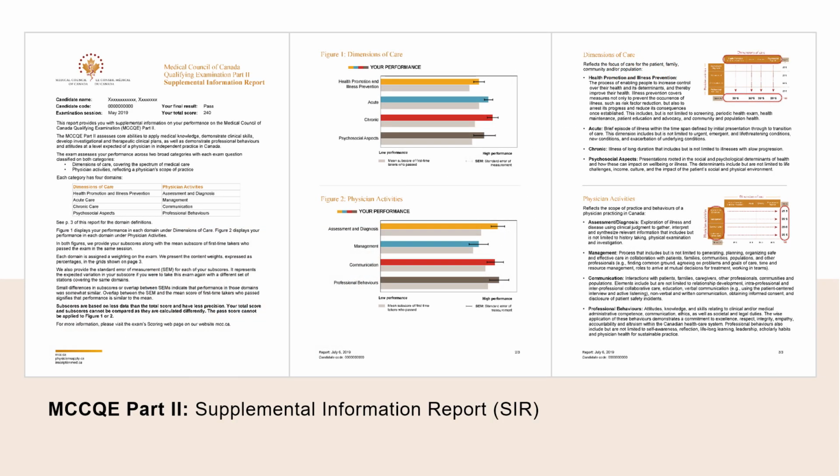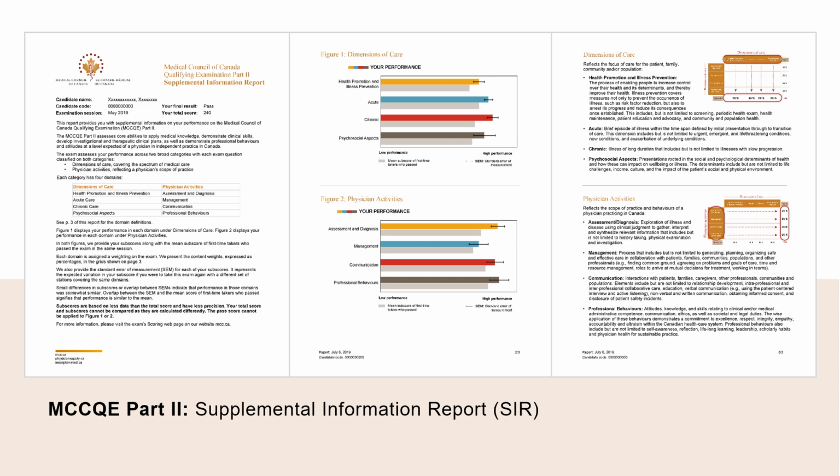The second document, called the Supplemental Information Report, formerly known as the Supplemental Feedback Report, provides the candidate with subscores in graphical format based on the 2 dimensions of the new blueprint. When creating the Supplemental Information Report, our goal was to make it a self-standing and self-explanatory document.